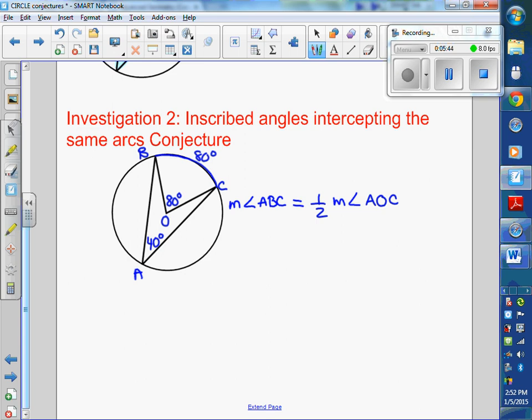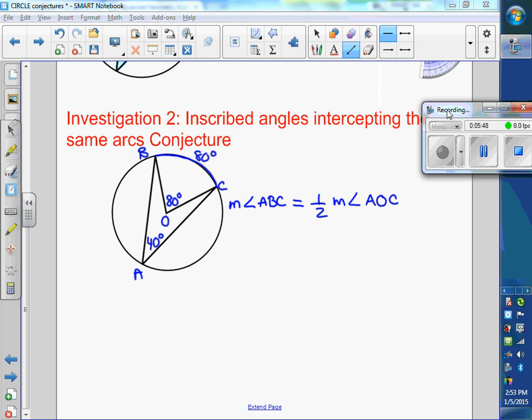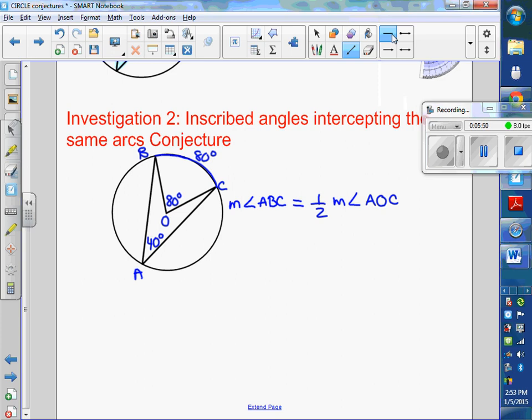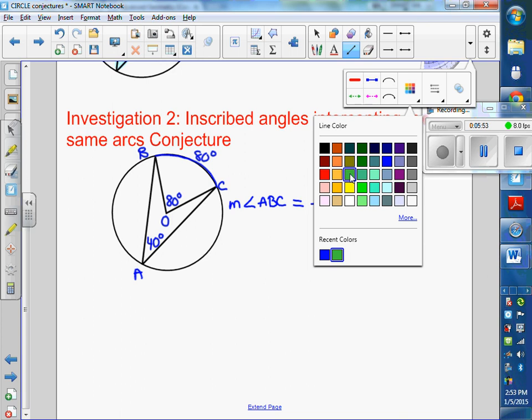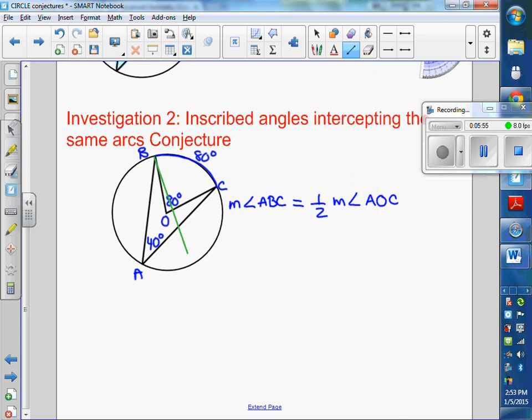So if I drew another angle here, just think about the first conjecture. I can draw lots of inscribed angles that intercept arc BC.